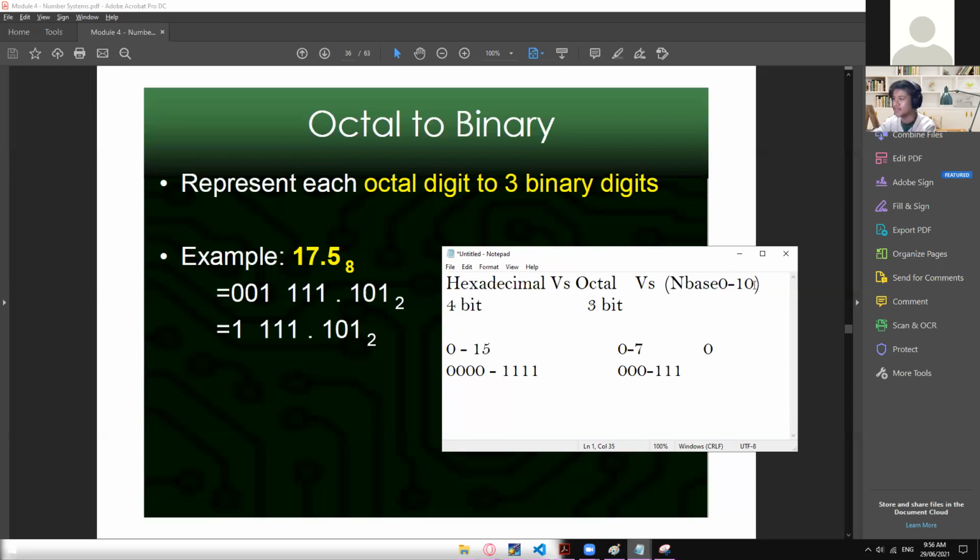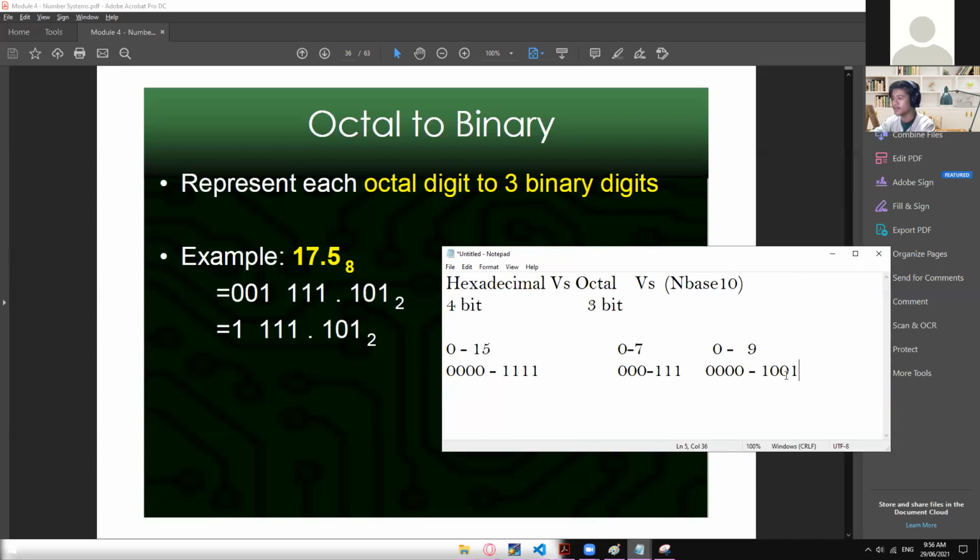N base of 10 na lang, to make it easier to understand. And then n base 10 is 0 to 9. In here you need 4 bits, because we need to represent this 9 right here using 4 bits. So 8 and then 1, so it's 1001.